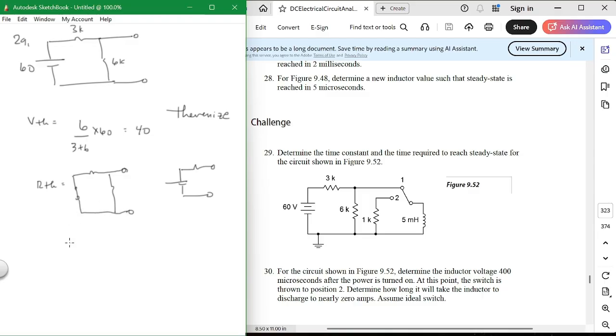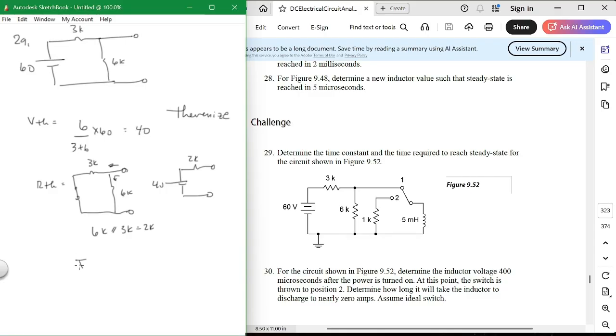You short it. Voltage supplies you short, current supplies you open. And now you've got 3K and you got 6K. Do I have a choice? Can I go this way or go this way? Yes, you can go one way or the other. So it's a parallel circuit. So now you can say 6K in parallel with 3K is equal to 2K. So I can now go back up here and write 40 and 2K and solve, and I'm done.